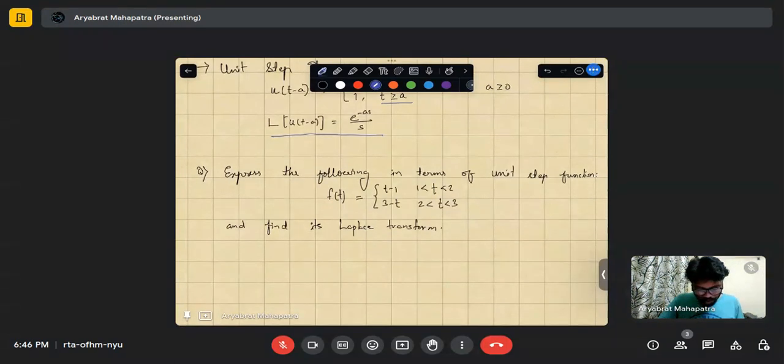Here, first we have to express this function in terms of the unit step function, using u of t minus a, and then evaluate its Laplace transform.